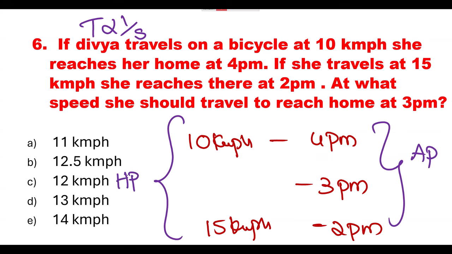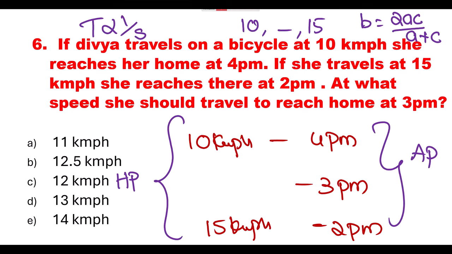AP and HP are inversely reciprocal. When you have two terms, for the middle term in harmonic progression, it is 2AC divided by A plus C.